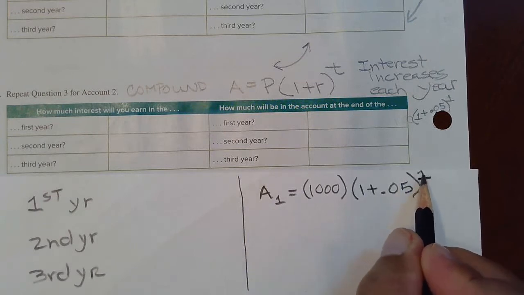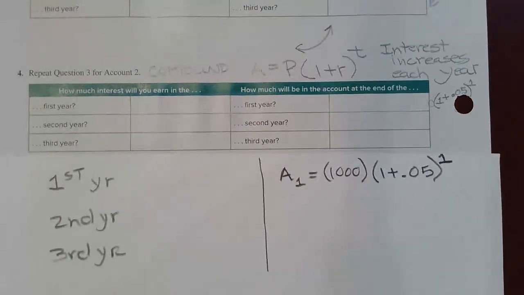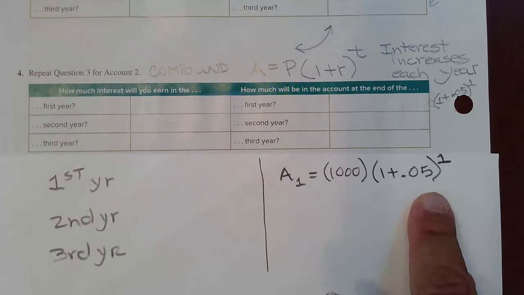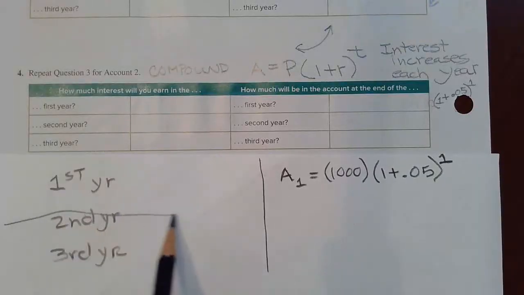Now you're going to see, I commented about this the first time I demonstrated it, that on the first year, the final amount that you end up with, as well as the interest, is the same as in the simple interest account. But then on year 2 and for every year after that, it's different than the amounts that you saw in the simple interest table, which was $50 every year. So that's when they part ways.